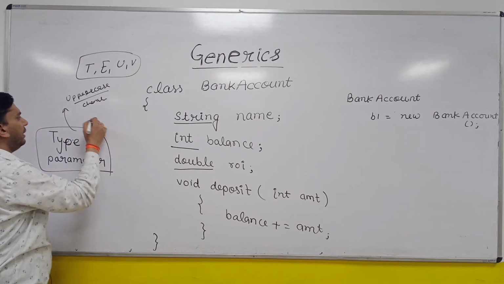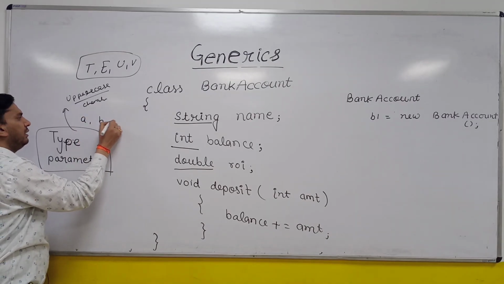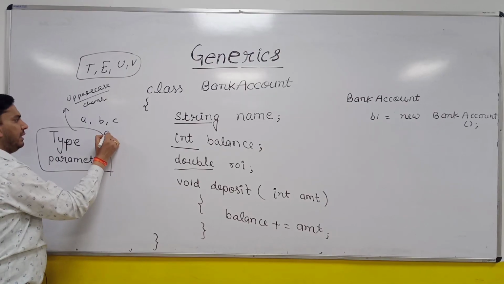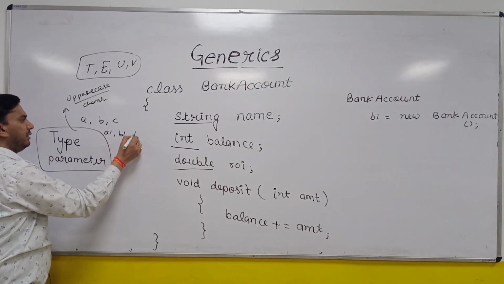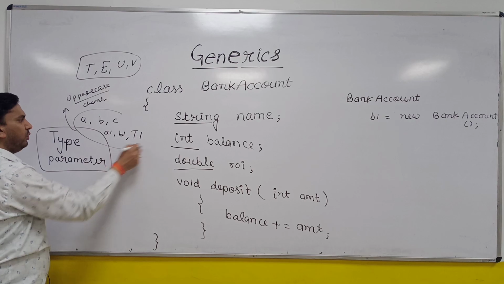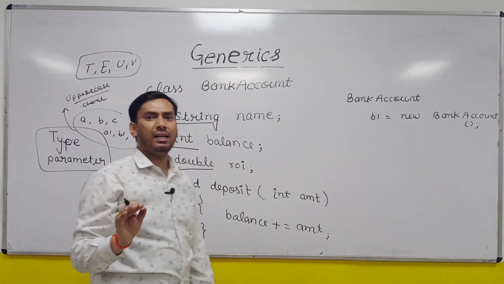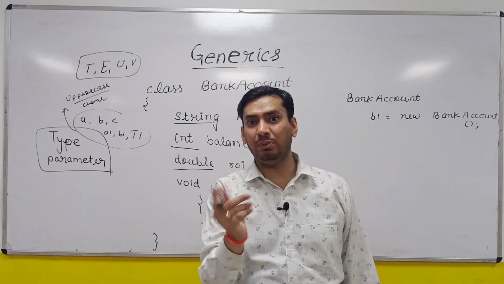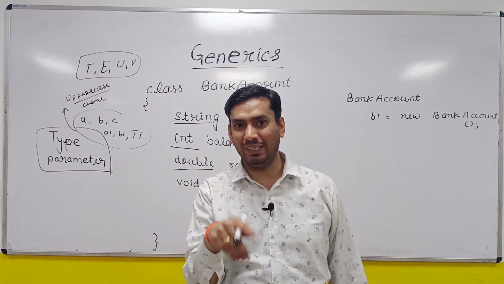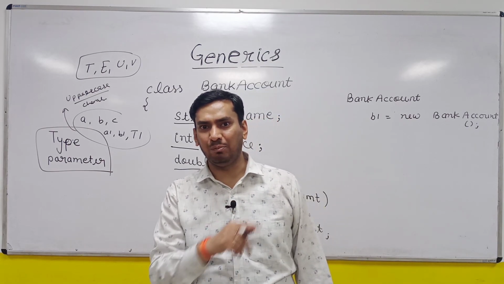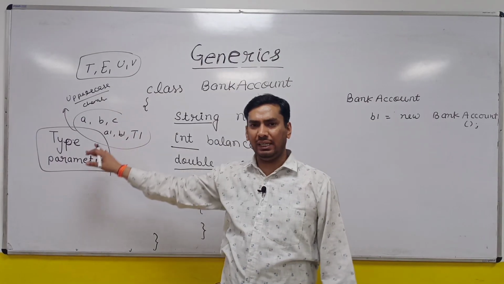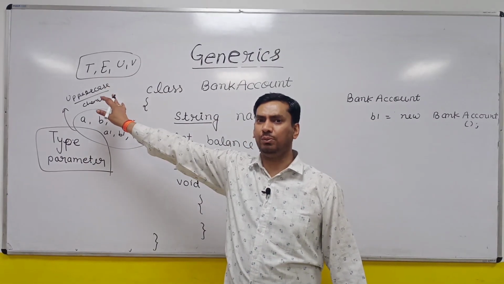But it doesn't mean you cannot create A, B, C. This is also allowed. You can create A1, B1, T1 in this way. So it can be a valid identifier. It cannot be 1A. A valid identifier must not start with a number. So you can use anything, but the convention is that uppercase should be there.